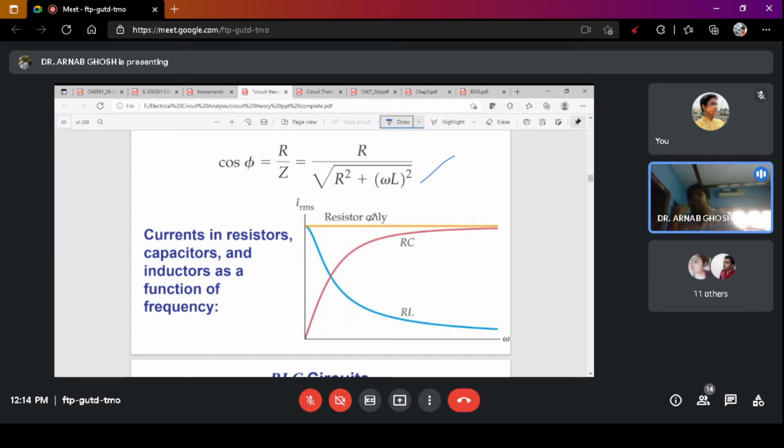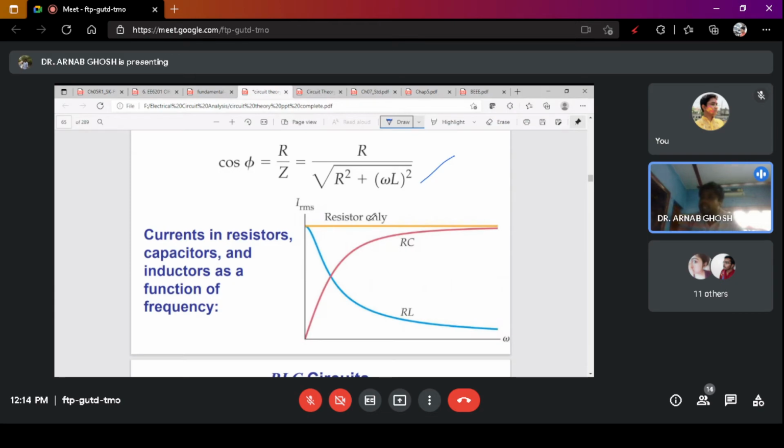So as your omega increases, the current across the capacitance will increase.